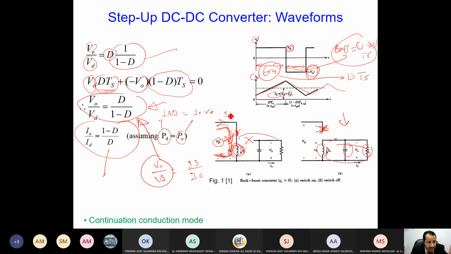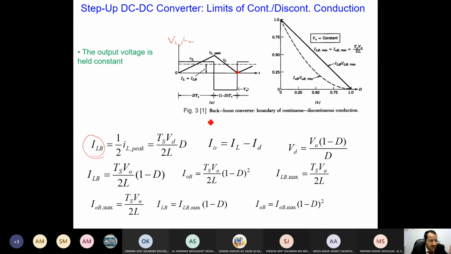This is the input current ID, which is flowing through the inductance. It is 1 over 2 IL peak, and IL, as you remember, we got from VL equals L dIL over dT. We rewrite the equation again and integrate to find it. We got it here, as you can see.